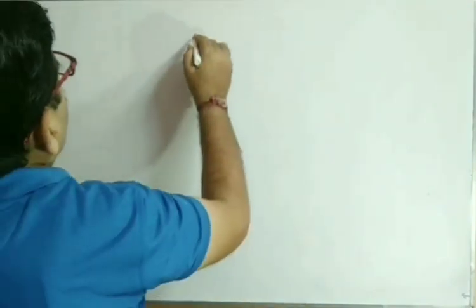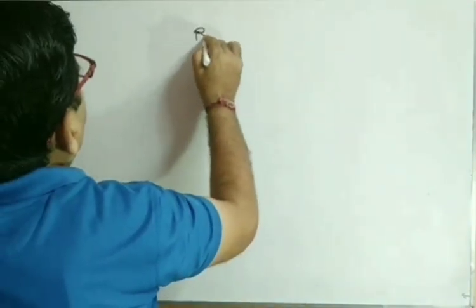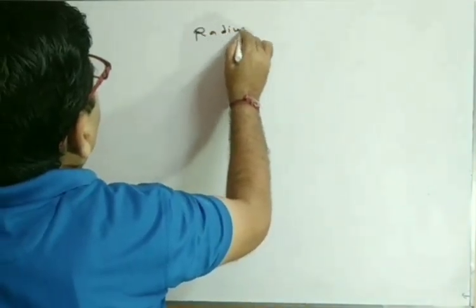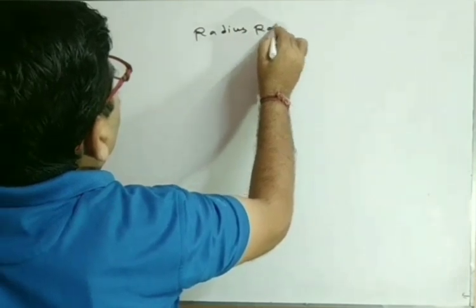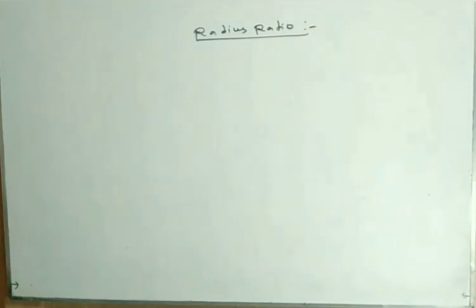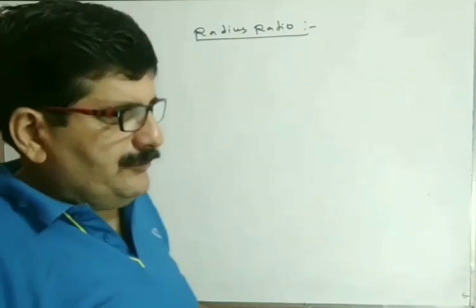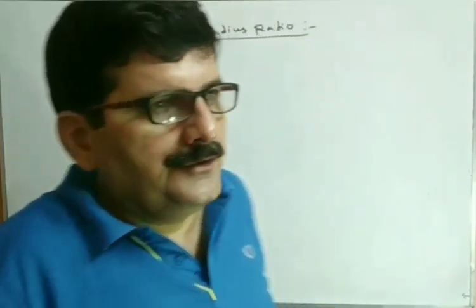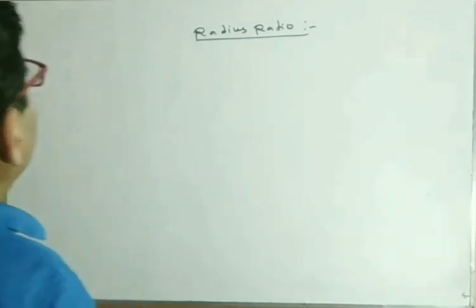Our next heading is radius ratio. This ratio tells us the stability of ionic crystal, coordination number, and the geometry of voids. Consider the following table.